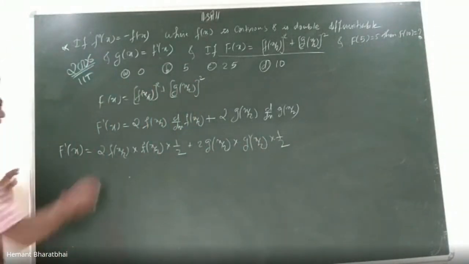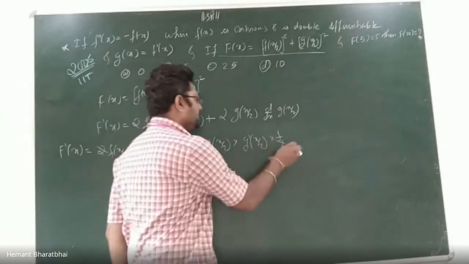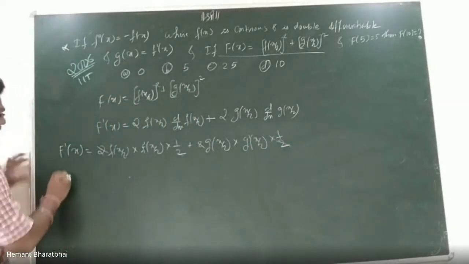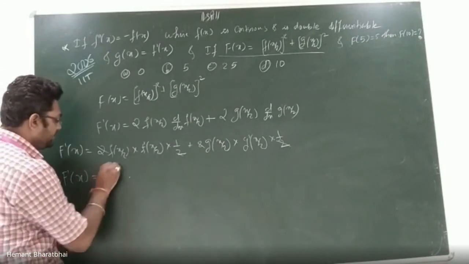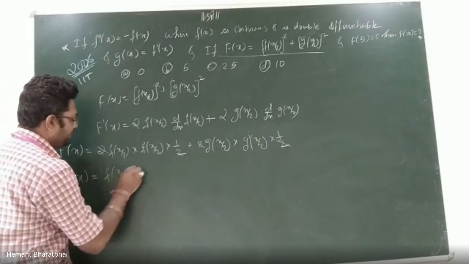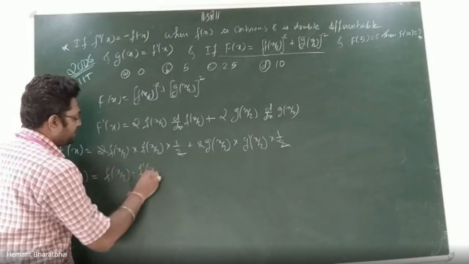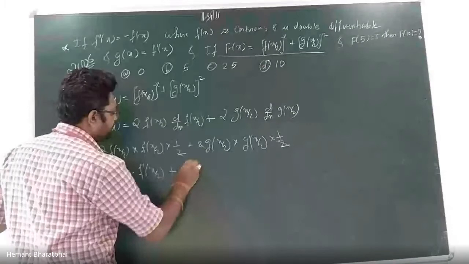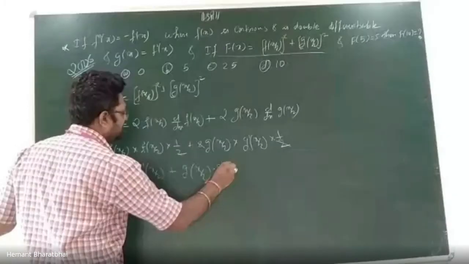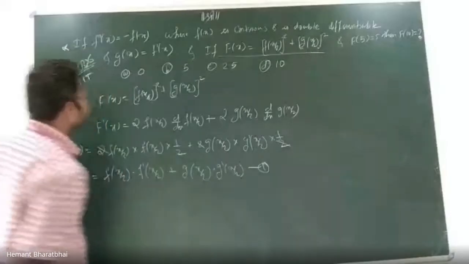So this 1 by 2 and this 2 will get cancelled, this 2 and this 2 will get cancelled. Therefore, I will get F dash of x is equal to f of x by 2 into f dash of x by 2 plus g of x by 2 into g dash of x by 2. Let me call this equation 1.